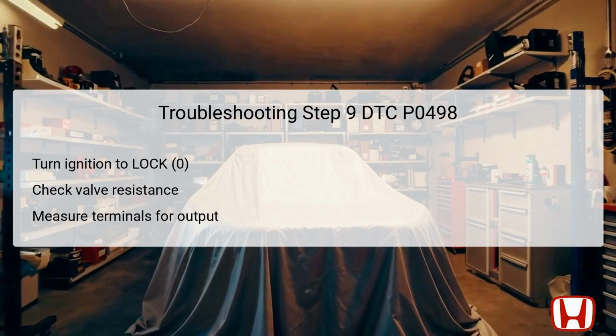In Step 9, the technician will turn the ignition switch back to the lock position, 0, to safely power down the vehicle's systems before checking the resistance of the EVAP canister vent shut valve. This involves measuring the resistance between the valve's two connector terminals, specifically Terminal 1 and Terminal number 2.